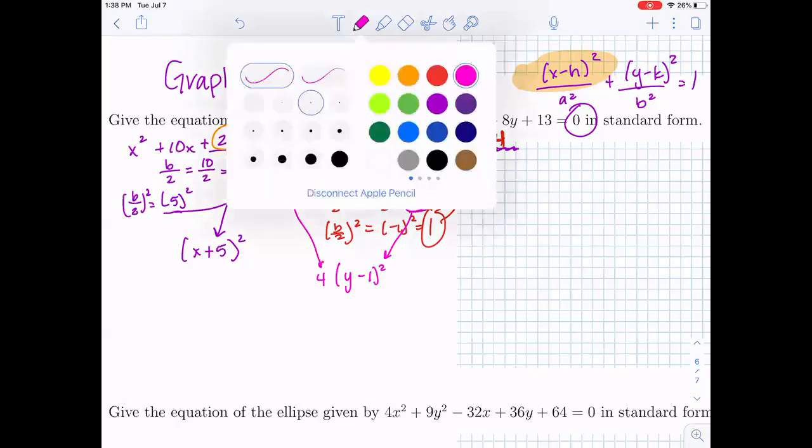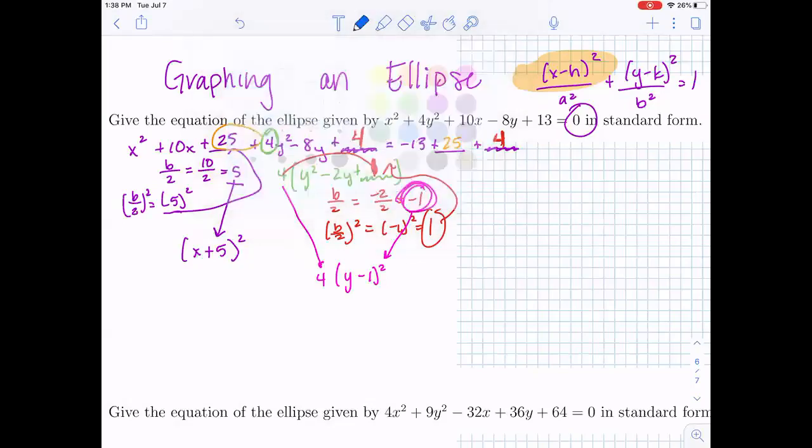Okay, so bringing this all down, we have (x plus 5) squared plus 4 times (y minus 1) squared. This equals negative 13 plus 25 plus 4. That's 16.